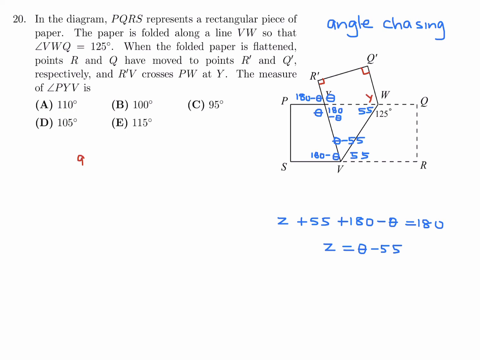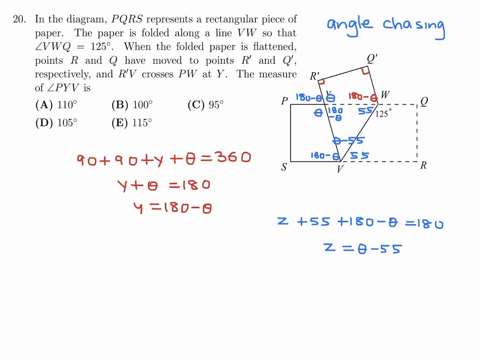So that means 90 plus y plus theta is equal to 360. So that means y plus theta is 180, and therefore y is equal to 180 minus theta. So instead of that y, I'll put in 180 minus theta. Okay, I think we are at the final step.